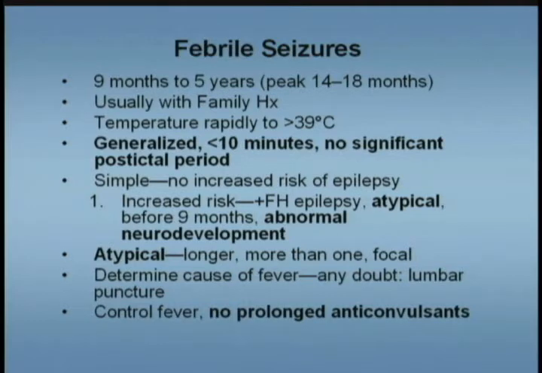These are all atypical febrile seizures. Patients that have abnormal neurodevelopment are at higher risk to develop seizure disorder or epilepsy. There's your definition of an atypical febrile seizure. You need to know that because they'll describe it, and then they'll ask you what the workup might be.